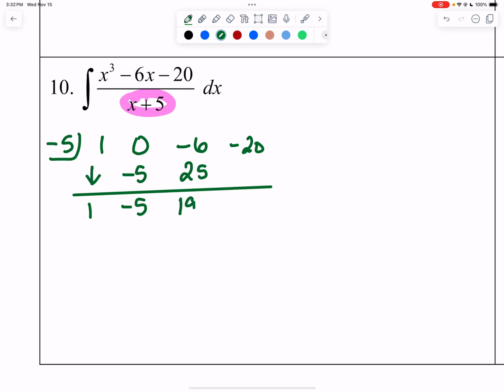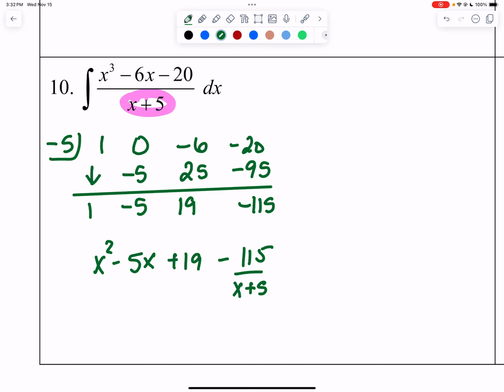At this point, you should be able to divide using synthetic division since this is a math 3 topic, so I'm not going to explain how I got this. By now, you should know how to do this. Once I do that, I get the quotient of x squared minus 5x plus 19 minus 115 over x plus 5.